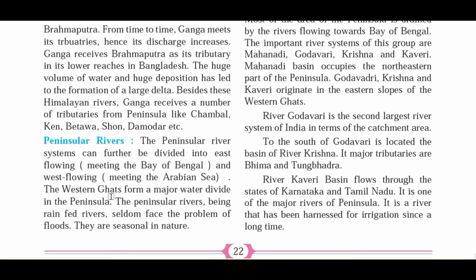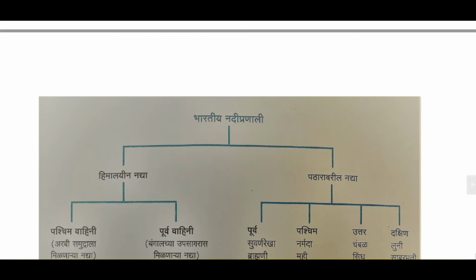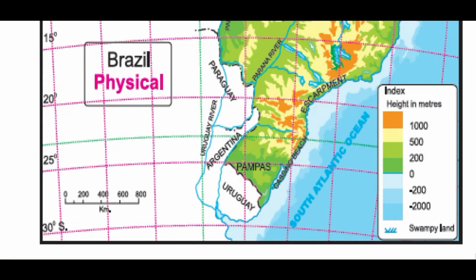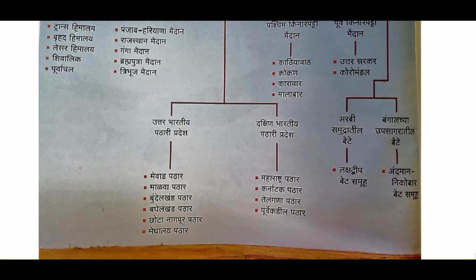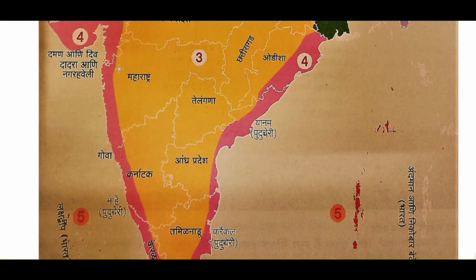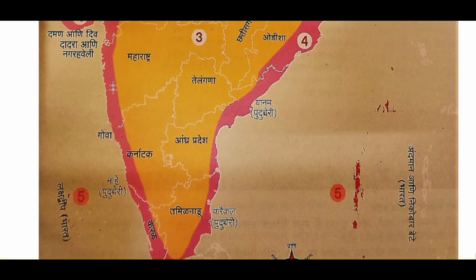So what do you mean by water divide? What is this water divide? I have already discussed this concept with you. The water divide is nothing but the ridge which divides two streams of water. Suppose there is a mountain, and different rivers are flowing from this mountain in different directions.